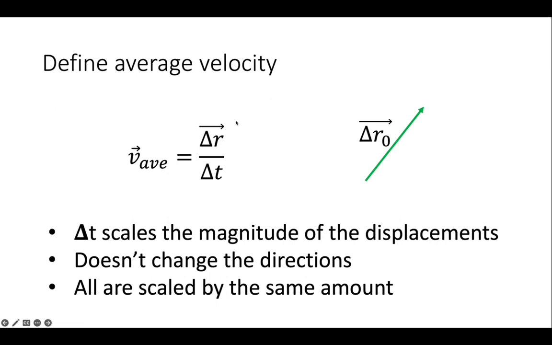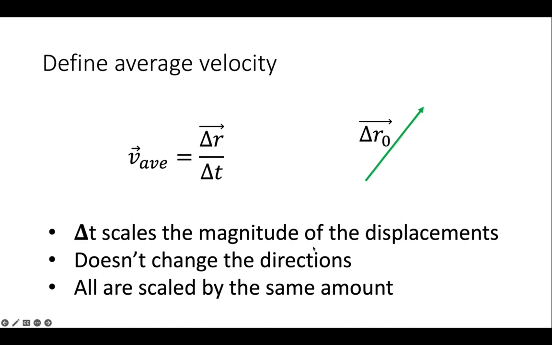So it's doing exactly the operation I was just talking about. So you can see that delta t scales the magnitude of the displacements, but it won't change the directions. And so all the vectors in a motion diagram that are representing displacements can equivalently, just as easily, represent average velocities. And so that's what I want to do with our motion diagram.